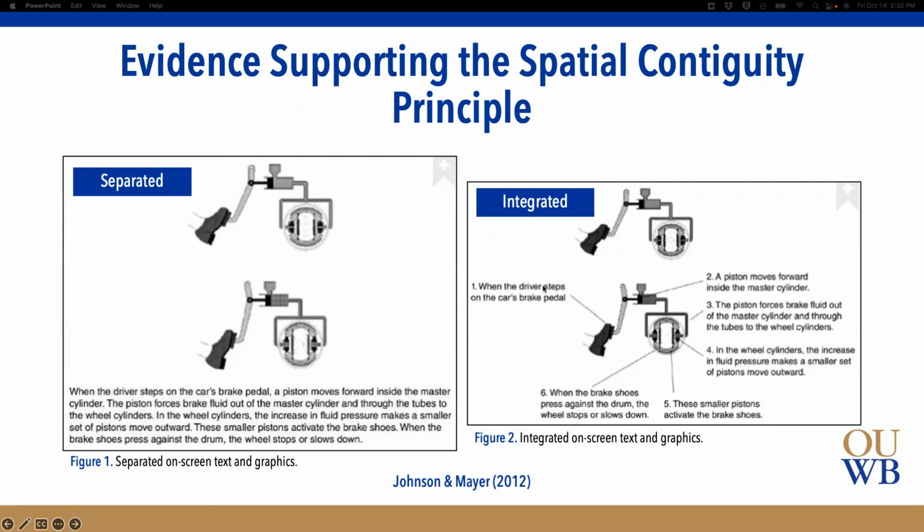By presenting this way, I can more quickly identify that this specific information relates to this component of the image, and this information relates to that component. That's really the heart of what's going on there. Making those connections between the corresponding words and graphics is an important step for meaningful learning.